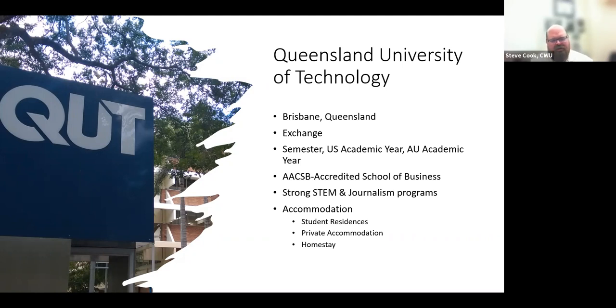The types of accommodation that are available at QUT, one are student residences. And these aren't dorms necessarily in the way that we would think of them, because they're not owned and operated by the university. They are basically private organizations that are affiliated or contract with all of the institutions that are in the city.